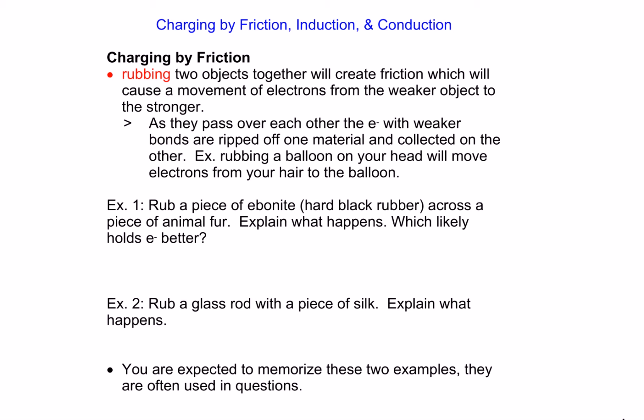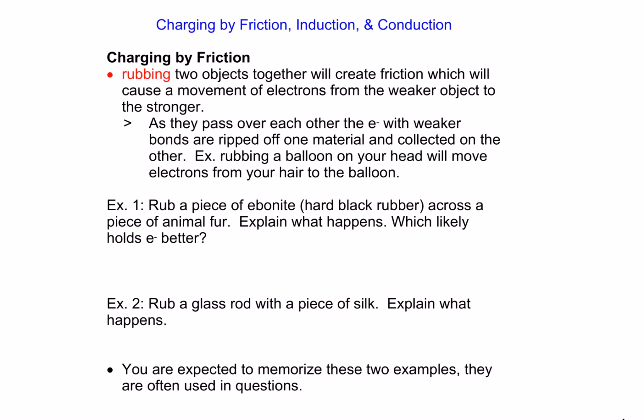There's two common examples that are often used in physics, and you need to know how these work because they do show up on diplomas. The first one is if we rub a chunk of ebonite, which is just hard black plastic rubber kind of material, with some sort of hair or fur. The idea is just like a balloon in your hair.